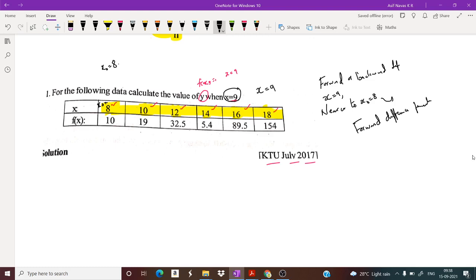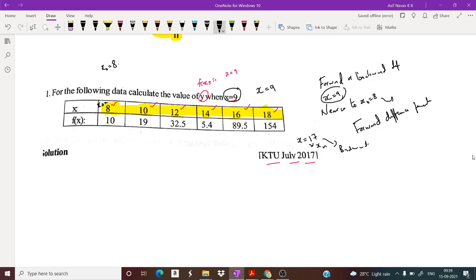Now, if you want to find x equal to 17, then this is nearer to xn, the last value, so we will use the backward difference formula. So we have to check where it is nearer to. If it is somewhere in the middle, you can check the average, and if the average is greater than that value, then you can use forward.